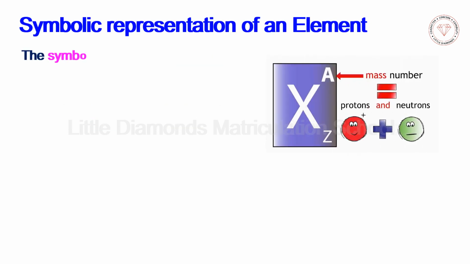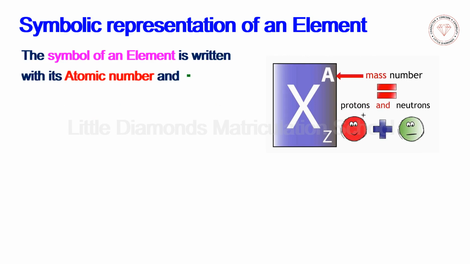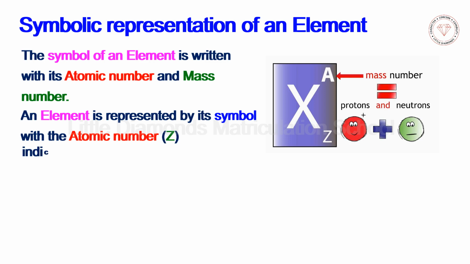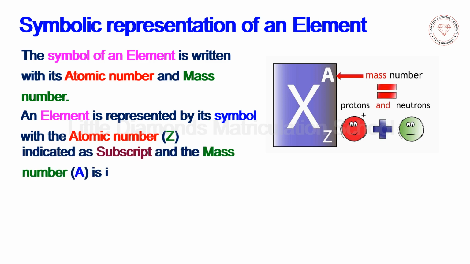Symbolic representation of an element. The symbol of an element is written with its atomic number and mass number. An element is represented by its symbol with the atomic number Z indicated as subscript and the mass number A indicated as superscript. That is XAZ.